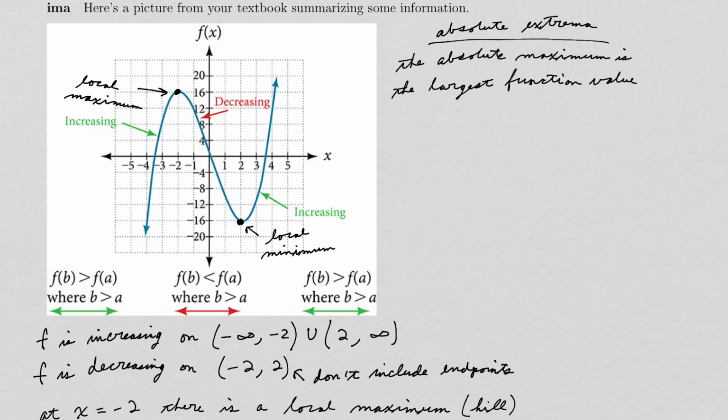But it has to be a real number, right? So infinity is not, because infinity is not a number. You're saying it grows without bound. So let me define these first, and then I'll explain what's going on with this particular function. So absolute maximum is the largest function value. The absolute minimum is the smallest function value.